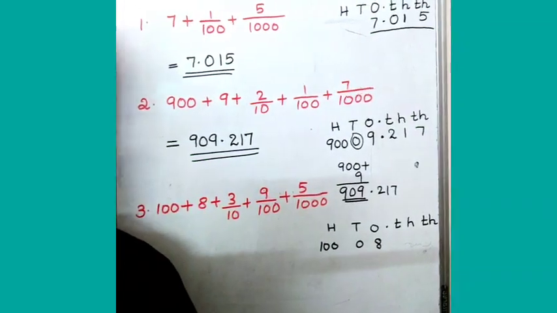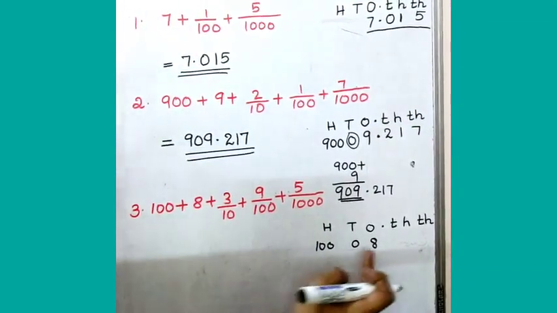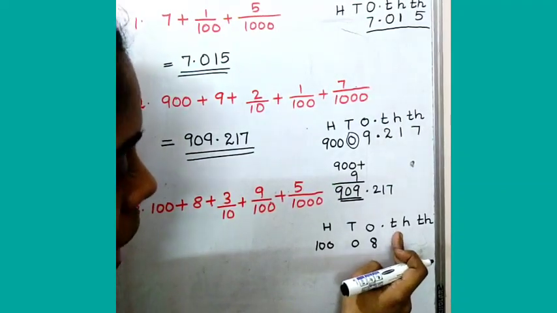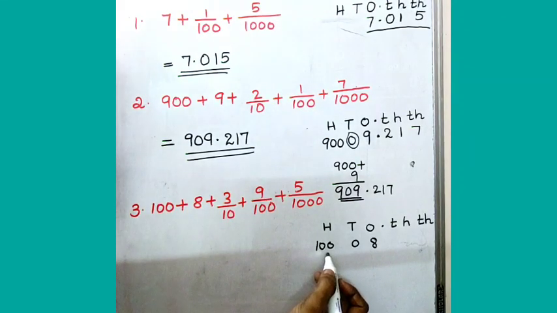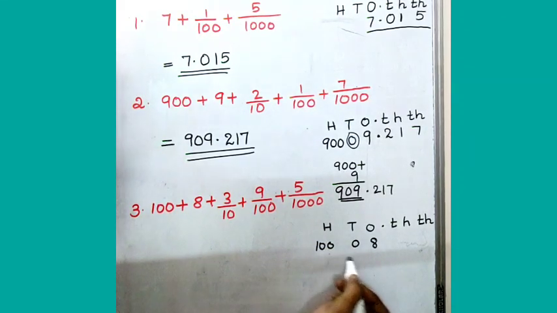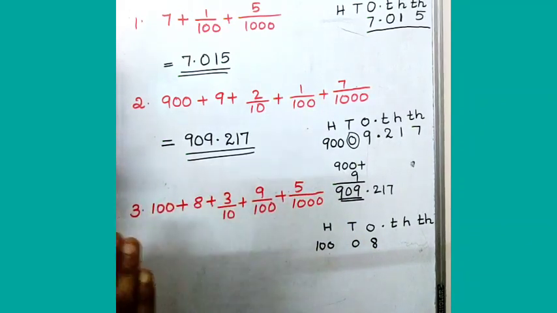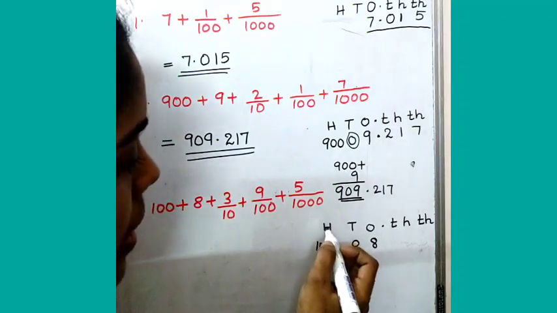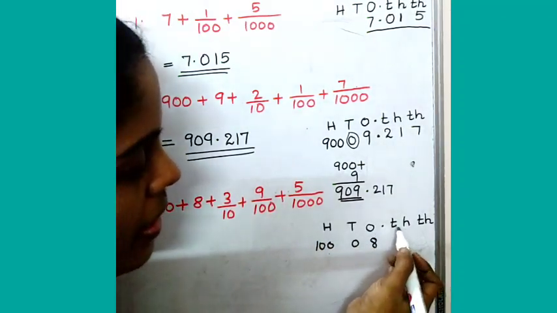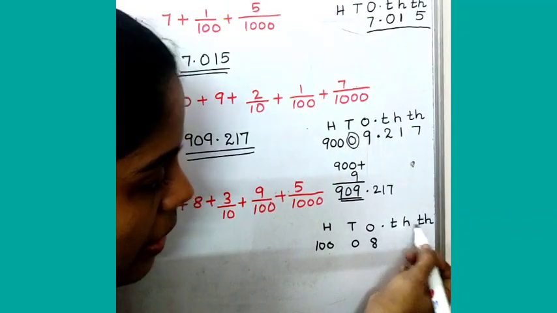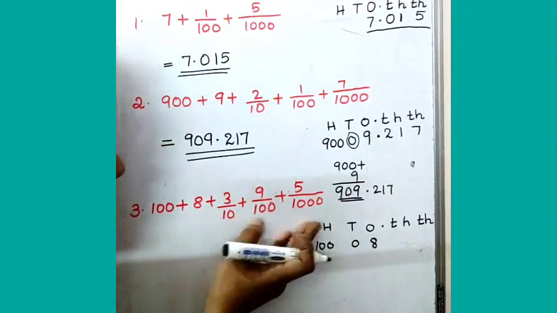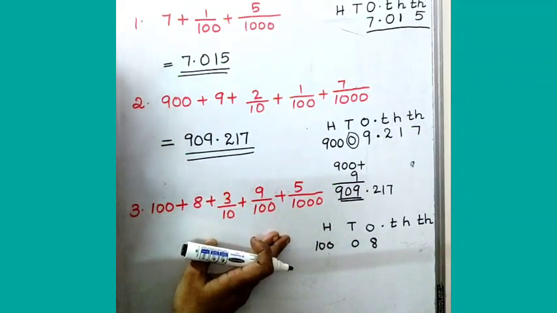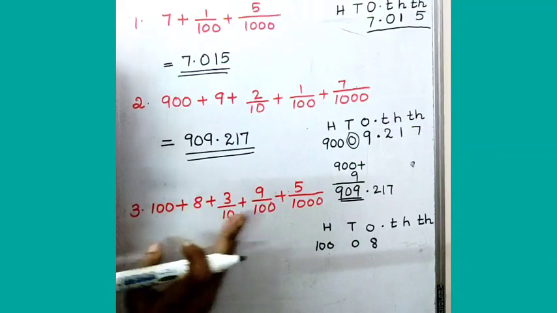Can you see? We write the place values of these numbers: 10th, 100th, 1000th. Sorry, not 10th, it is hundreds, tens, ones. This is 10th, 100th, 1000th. This is the fractional part, so the decimal places begin from the fraction.